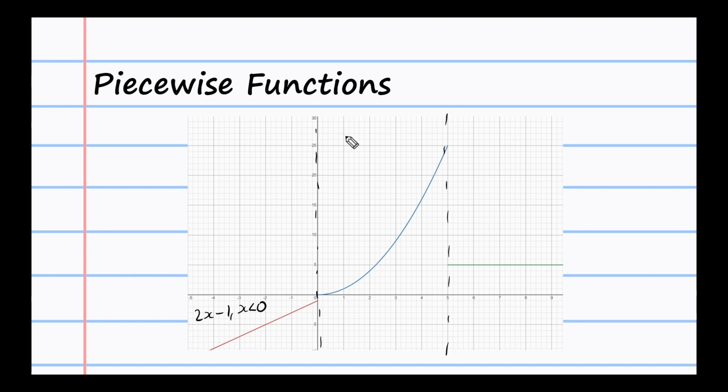This portion from 0 to 5 is just x squared. And then this is just 5 when x is greater than 5. So this is how piecewise functions can be created.